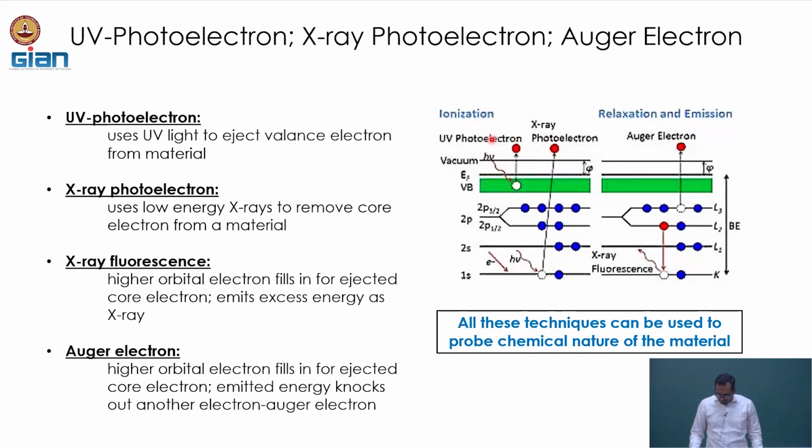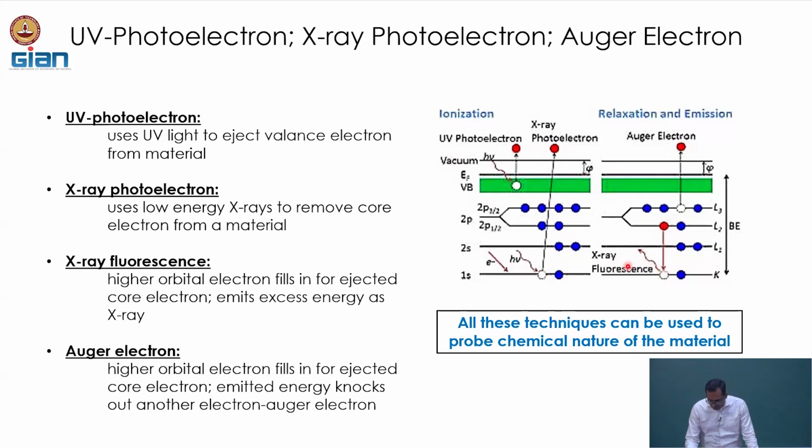Okay. And then what can happen is that when the X-ray photoemission happens, there is a hole, like an empty electron space, and a higher level electron can come and fill this hole, and the difference in energy it can just emit, which is called X-ray fluorescence.